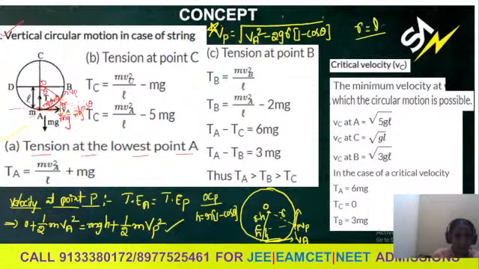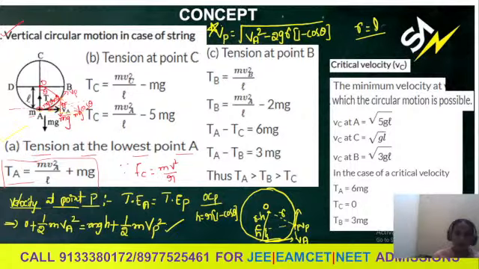So tension experiences the centripetal force towards the center, that is mv square by r, where r equal to L. So at point A, tension is equal to mv square by r plus mg. At that point, velocity is VA, so mVA square by L plus mg, since centripetal force is equal to mv square by r.